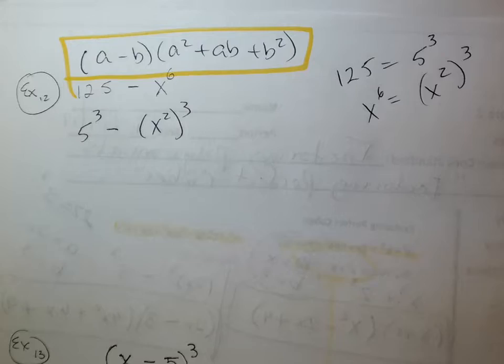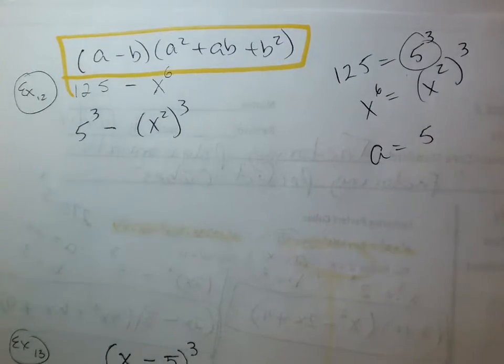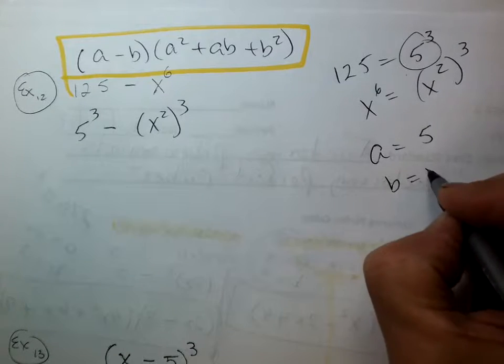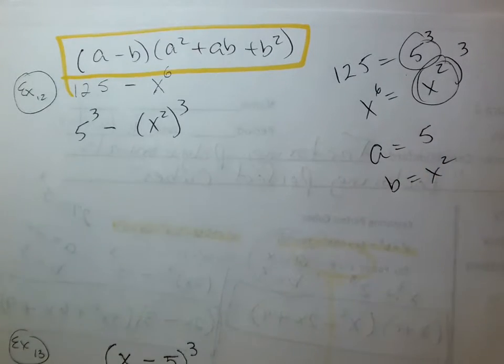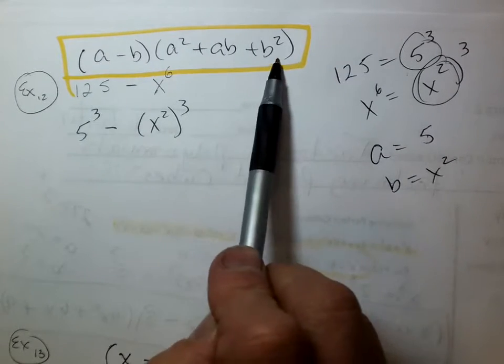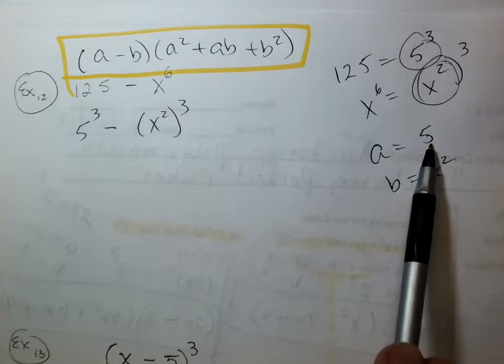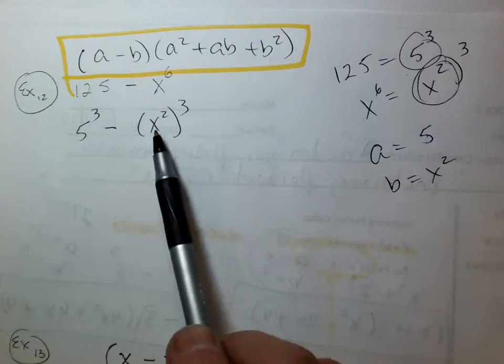All right, so in this case, let's let a be 5, right? And let's let b be x squared, okay? And then I'm just going to plug the a and the b into my factoring formula. So there's my a, which is 5, and my b, which is x squared.